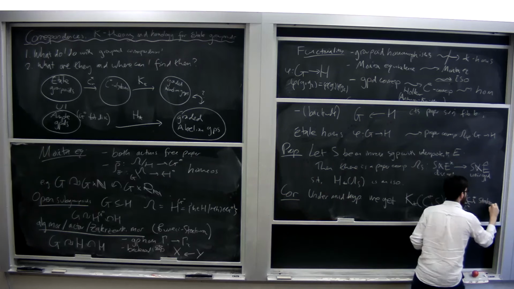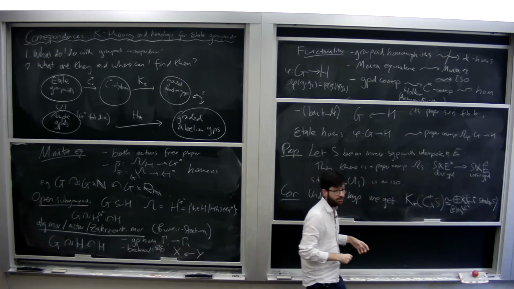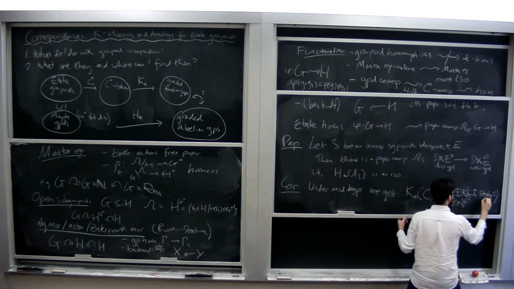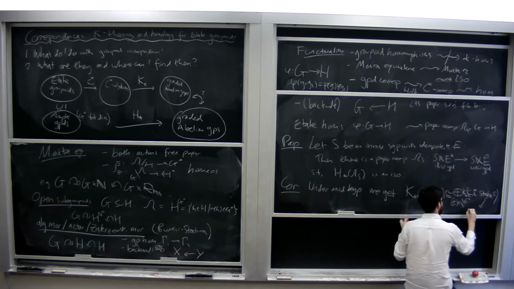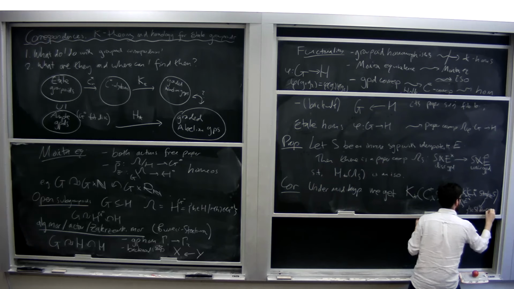So these are stabilizer groups for this action. And here, this group, you can really see it from the inverse semigroup. It's all the things whose domain equals the range equals E.